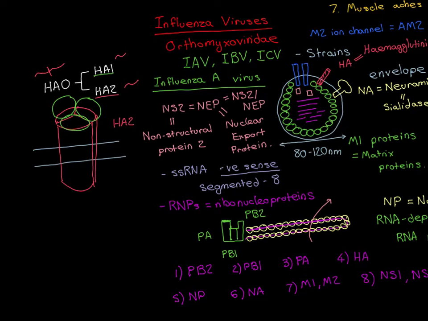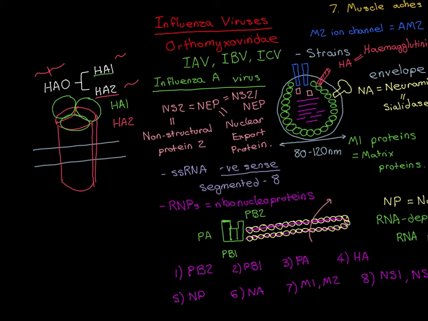So I'll just label up the hemagglutinin 1s here. So all of these green blobs, they are representing hemagglutinin 1 polypeptides. And the whole thing then is the hemagglutinin molecule that I drew here. So this red spike, this is what it actually is. It's a trimer of these dimers of hemagglutinin 1 molecules bound to hemagglutinin 2 molecules.